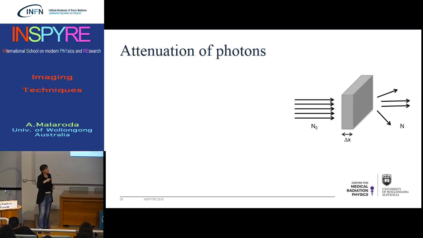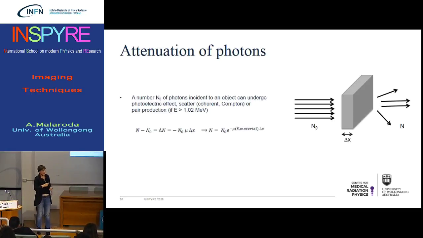So what happens if I got n0 number of photons? Each single photon will have a certain probability to undergo one of the processes. But if I know the number of incident photons and I count the number of photons that come out of my slab, and they can be absorbed, so they disappear, they just traverse the slab of material, or they can get scattered.